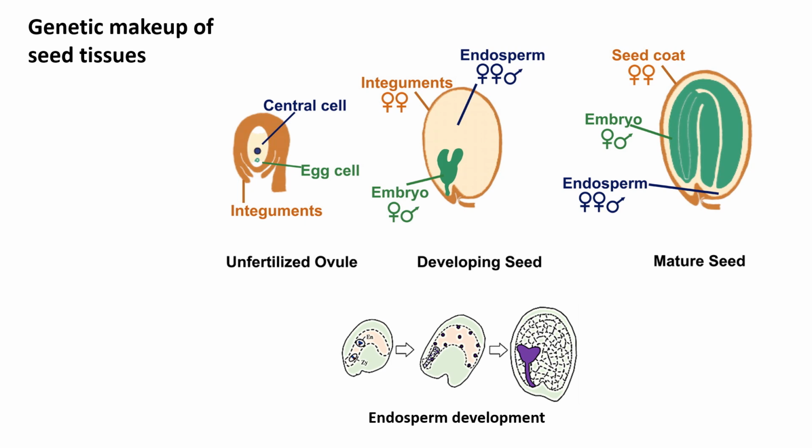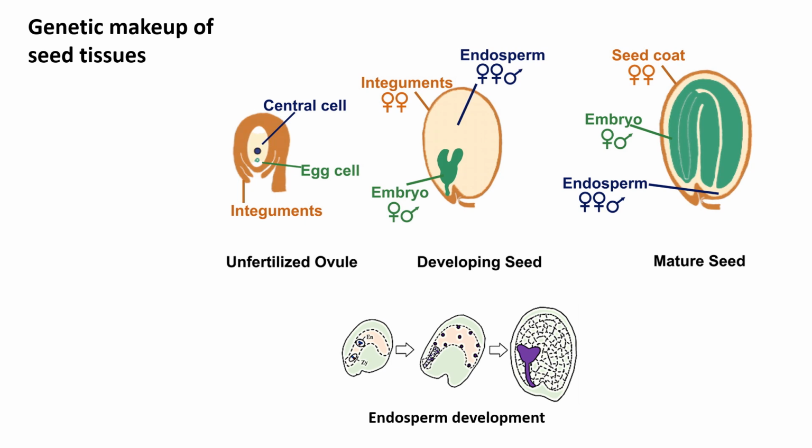However, the embryo shows the representation of the maternal and paternal genomes in the ratio of 1:1, whereas the endosperm shows the representation of the maternal genome, which is twice that of the paternal genome, because the central cell is diploid and it fuses with the haploid sperm to form the triploid endosperm.